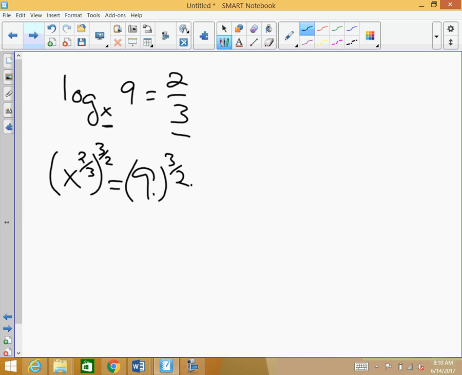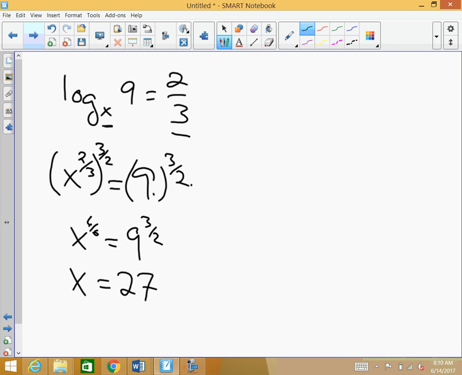So this, when the exponents are multiplied through, is 6 over 6, which is 1. And then we have 9 to the 3 over 2. So we have x is equal to 9 to the 3 over 2, which is 27. So that's one way to do it when we have x as our base.